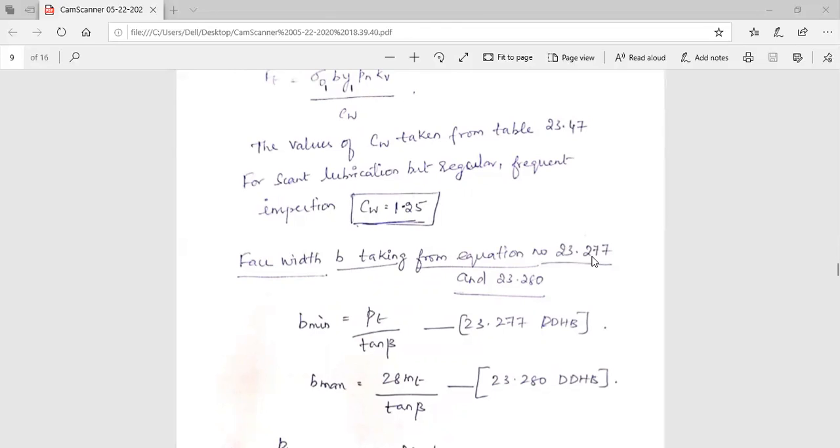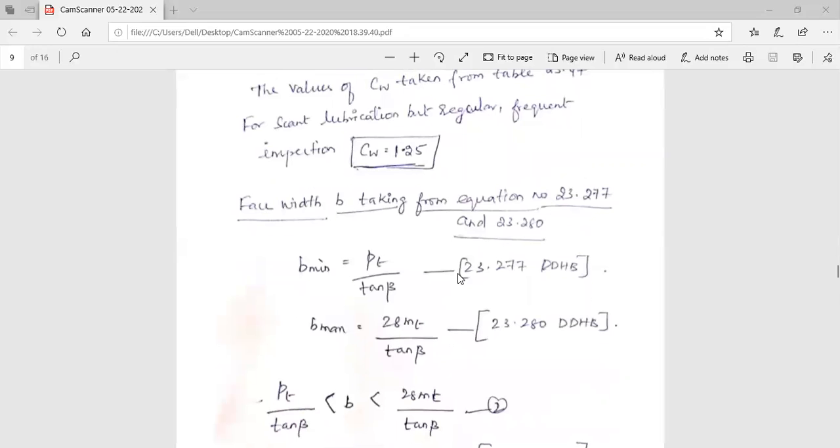They have given equations for the phase width, 23.277 and 23.280: two equations, phase width minimum and phase width maximum.